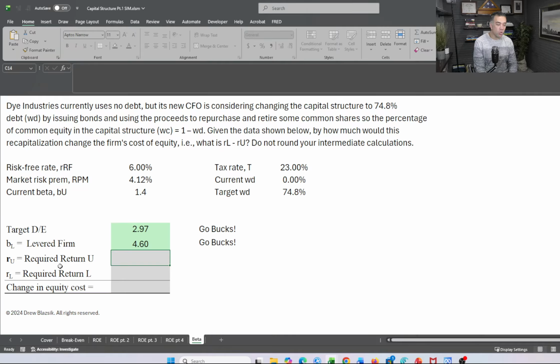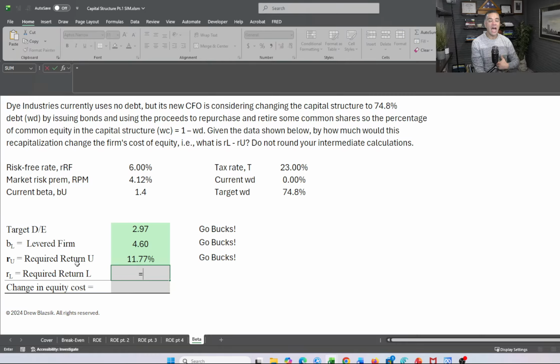So what we want to know is what is the required return on the unlevered and the levered beta. So this is the CAPM model. So we're going to go equals the risk-free rate plus, this is the unlevered beta, so it's the 1.4, and we're going to multiply it times the market risk premium. Now what about the levered beta? What's the required return?